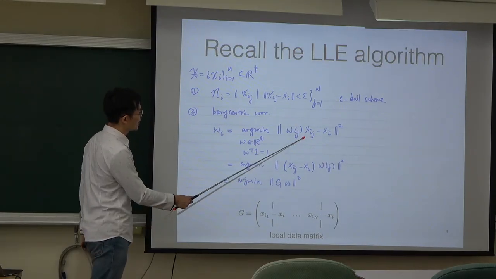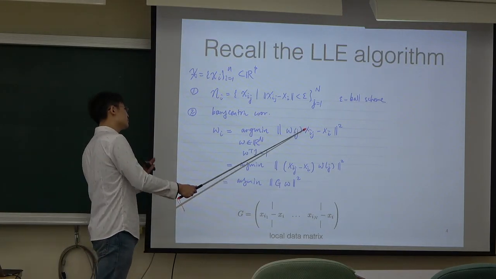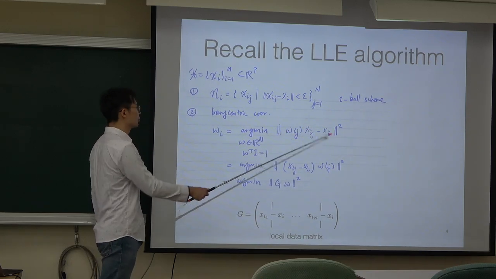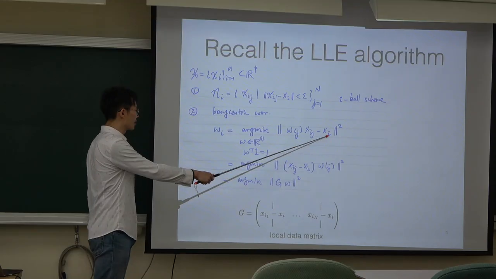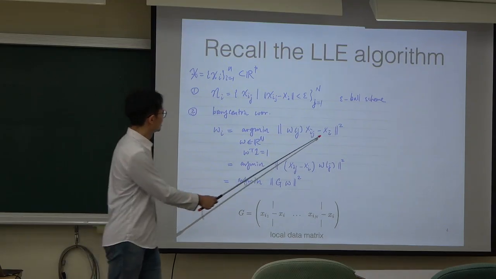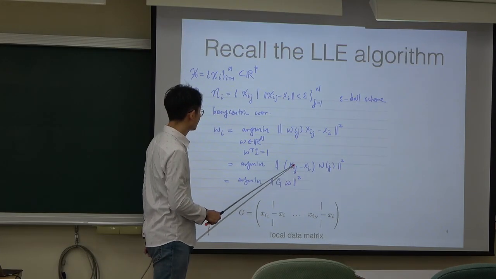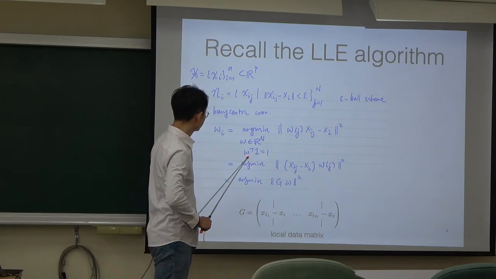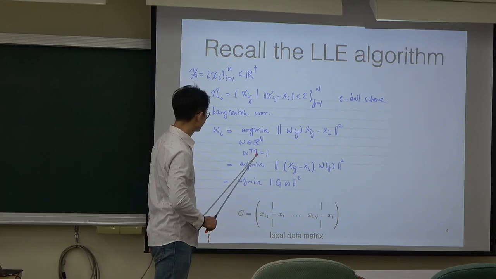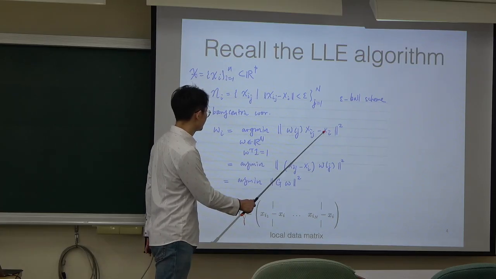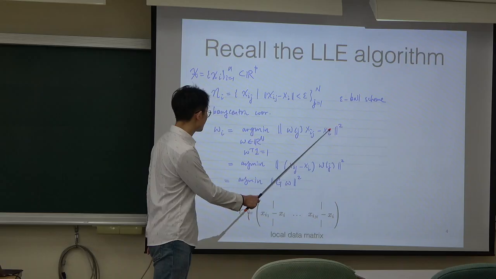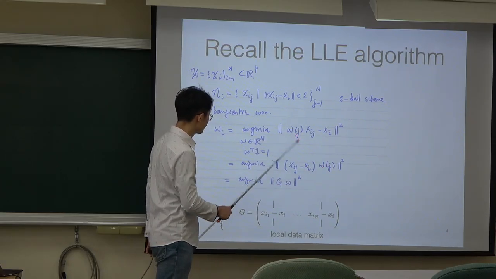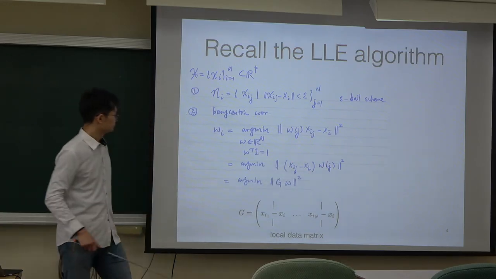You view xij as a kind of basis, and you take some combination which will approximate xi as well as possible. Then you can rewrite it as xij minus xi, because you know w transpose 1 is 1. So you can put xi inside and write wj outside. That is what you have.